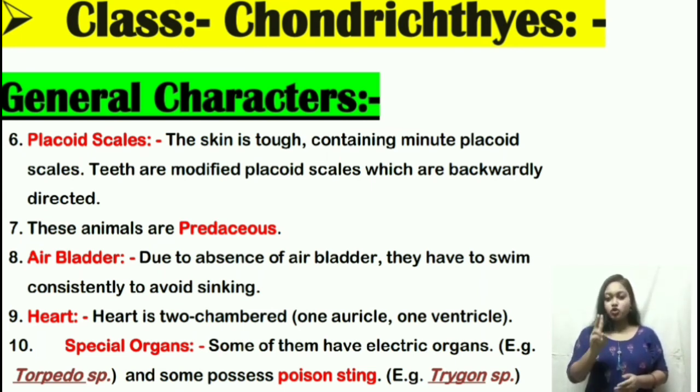The heart is 2 chambered, one auricle and one ventricle. Then the special organ. In some species of Chondrichthyes they have an electric organ like Torpedo, and in some others they have a poison sting like Trygon.